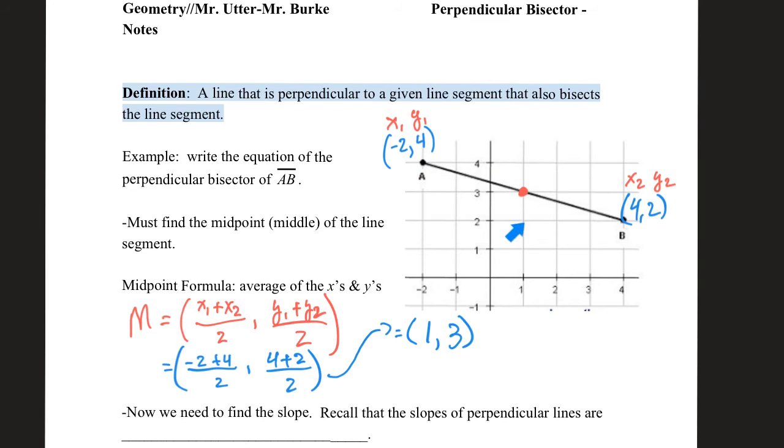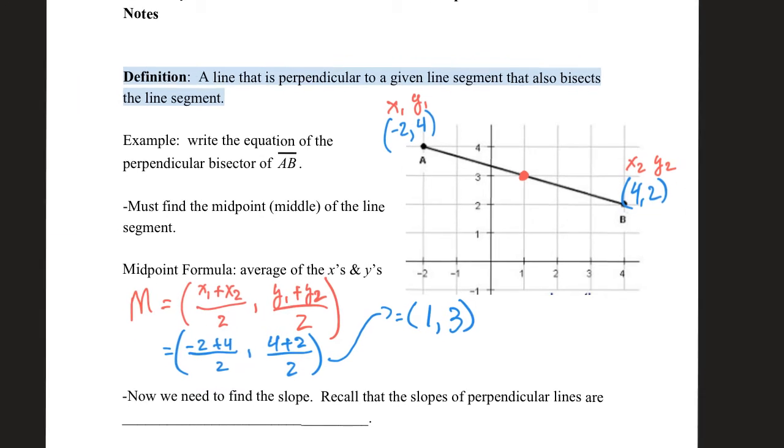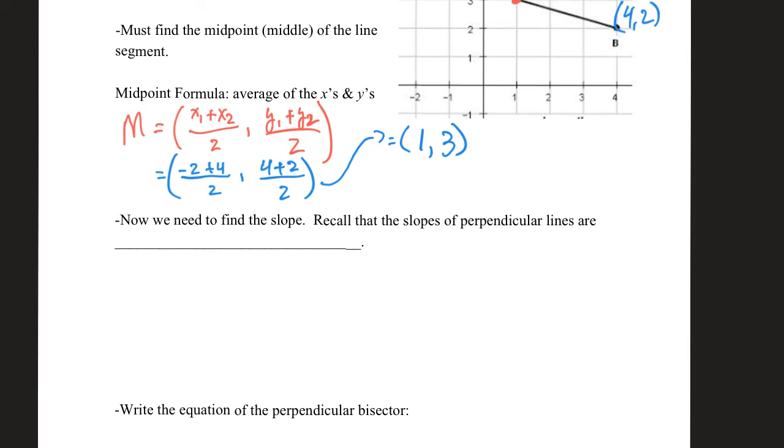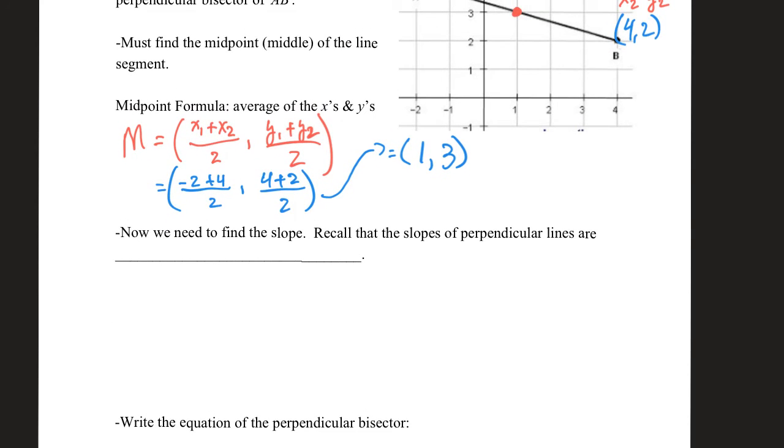So that means 1, 3, or I only went down 1 and then I went over 3, and I also hit my midpoint. Okay. Now, so we've done one thing. We've gotten our point. So our point is 1, 3.